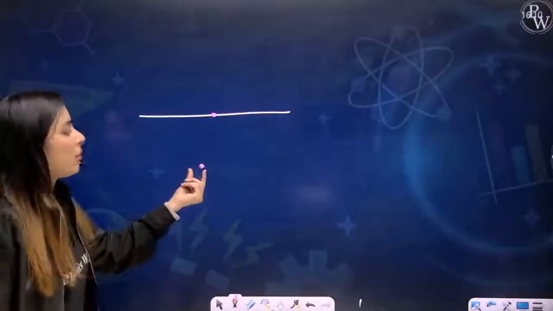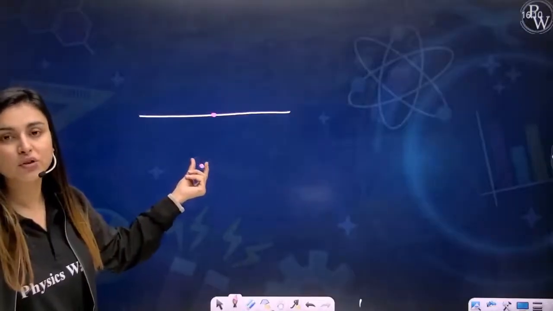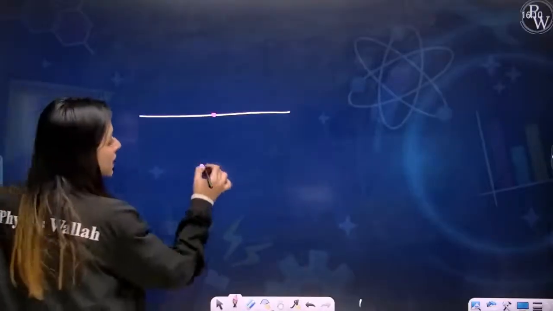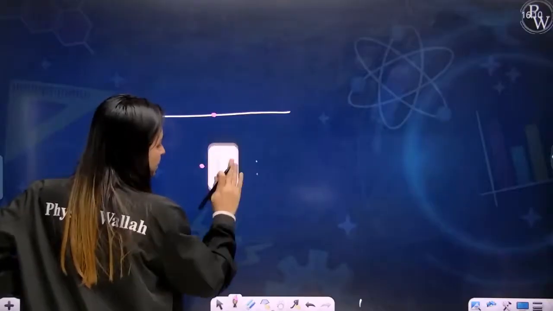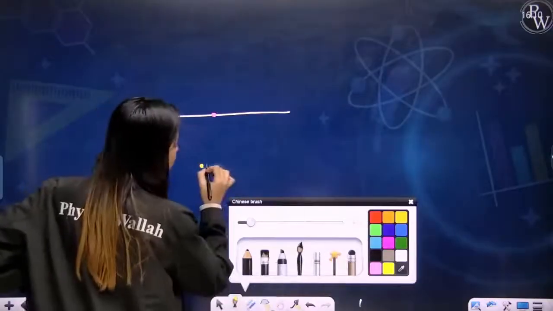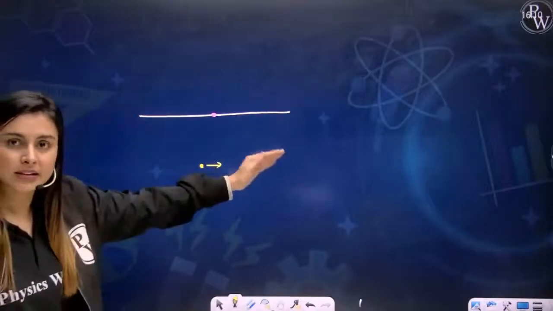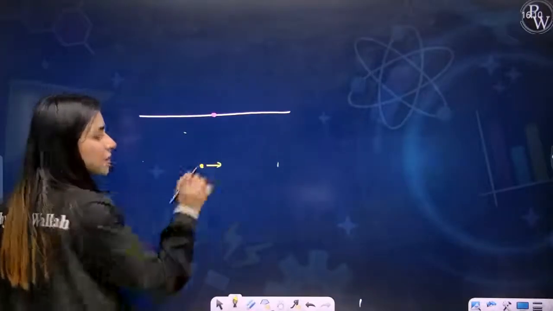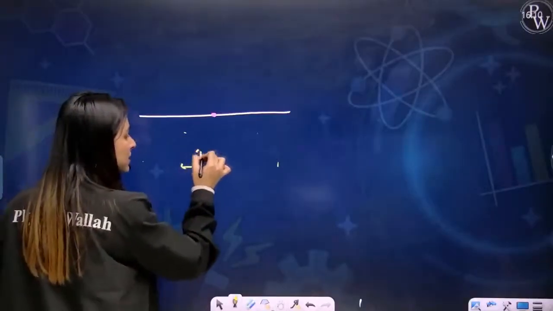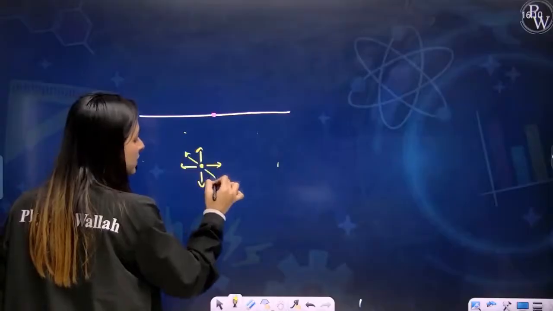Now, if I talk about this particular particle which is in the bulk, see my dear students, this particle will be attracted by the particles it has on this side, because this whole bulk is completely filled with particles, right? It will be attracted from this side as well, from this as well, this as well, this.